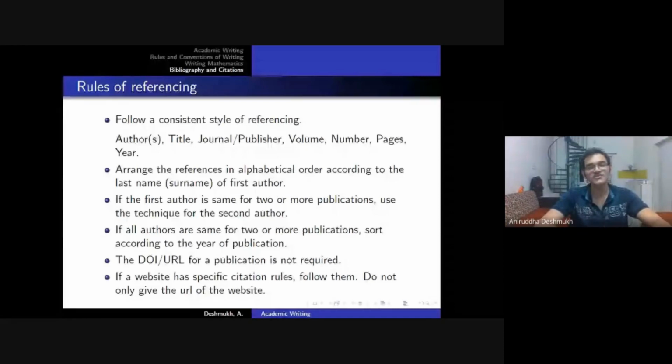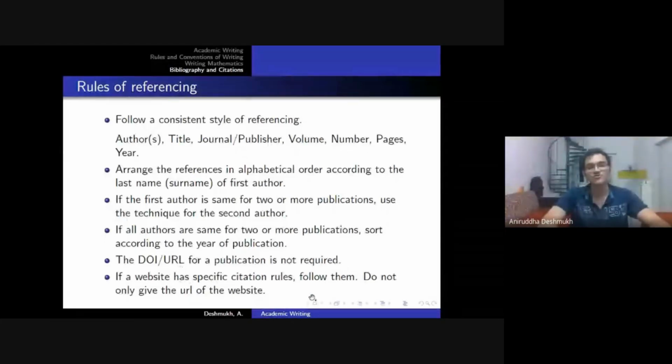It is not required to write the DOI of the particular article or the URL of a website from where you got the article. If your reference is in the form which I have written above, it is all right if you don't mention the DOI or URL. Now, not all websites are to be cited using the URL alone. There are certain websites, such as Stack Exchange or even some self-made websites, which have specific citation rules.